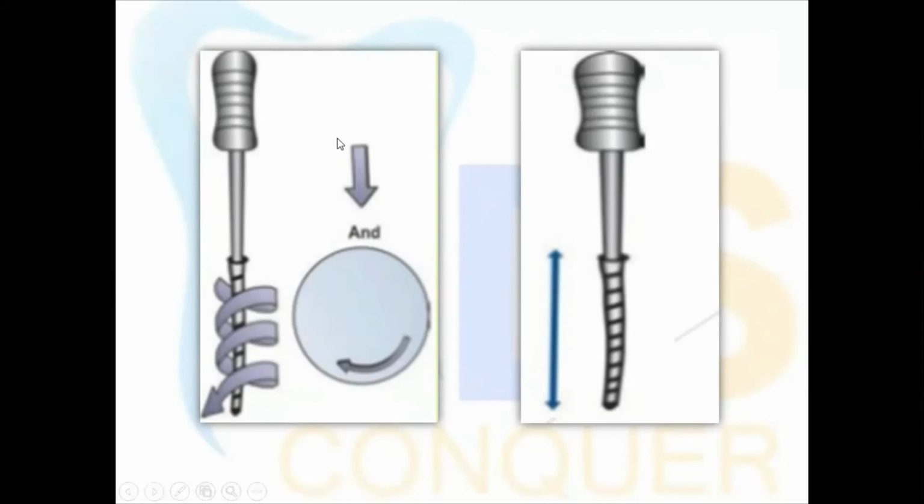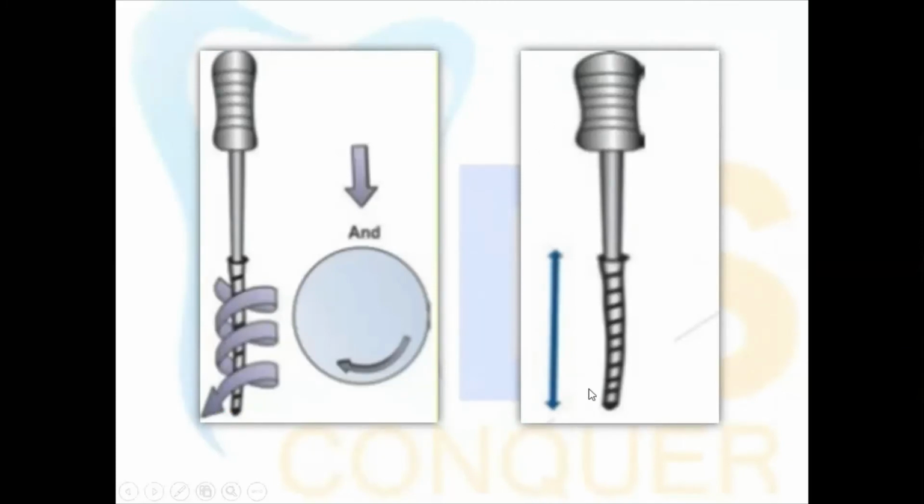Reaming motion means during instrumentation, the reamer is placed inside the canal. It is used in placement, rotation, and retraction. So the cutting movement occurs during the retraction or removal of the instrument, whereas the file is used in linear motion.